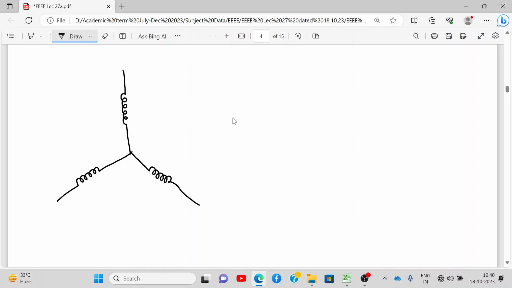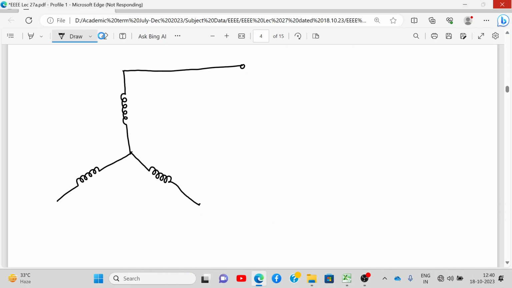Okay, so for the supply we have what? R. This is R. This is Y. Complete and draw that supply.